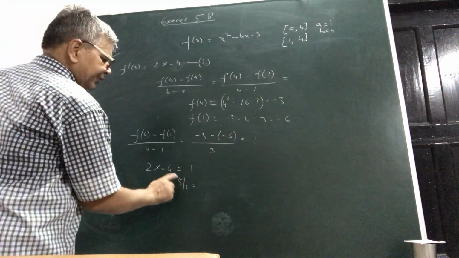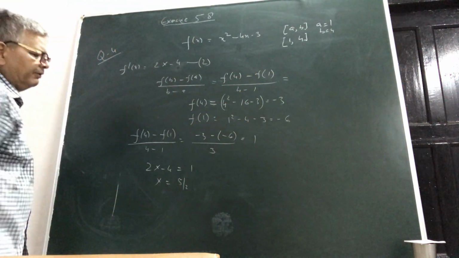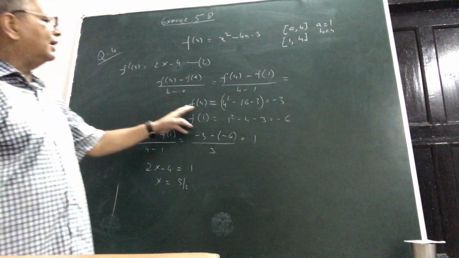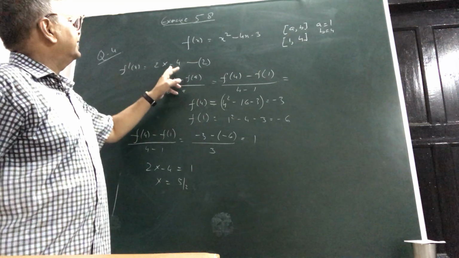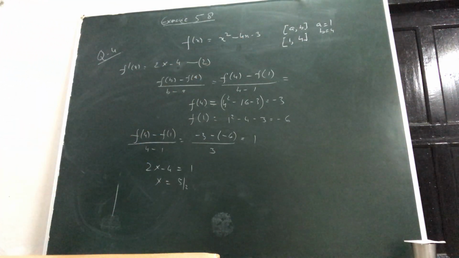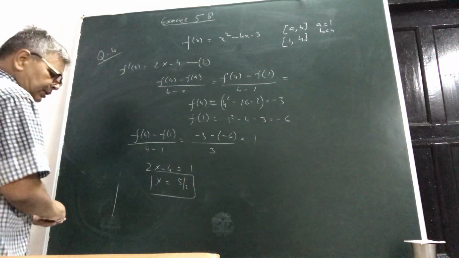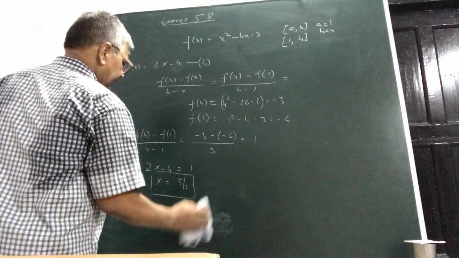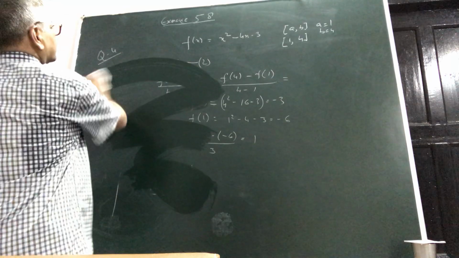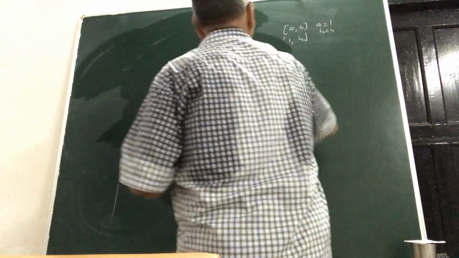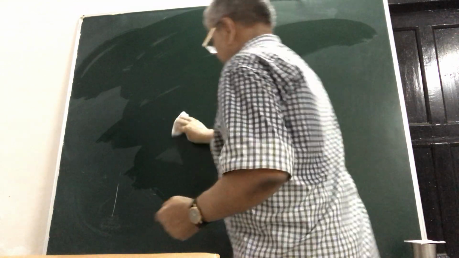This point, 5 by 2, that is 2.5, is the required point where the tangent will be parallel to the line joining the extreme points. So at x equal to 5 by 2, the tangent is parallel. Okay. Read the next question please, quickly.